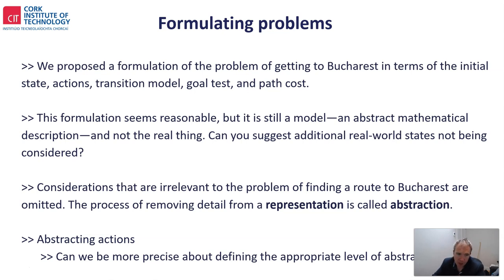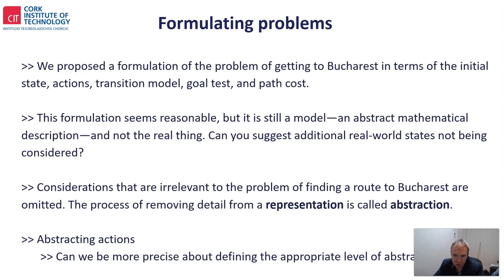So, in relation to abstracting actions, can we be more precise about defining the appropriate level of abstraction? If you think of the abstract states and actions we've chosen as corresponding to large sets of detailed world states and detailed action sequences.